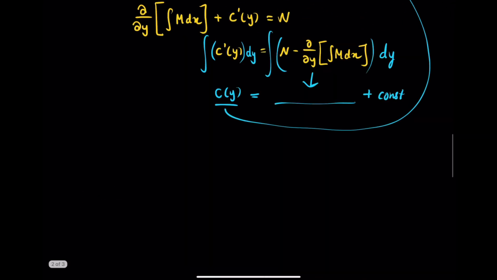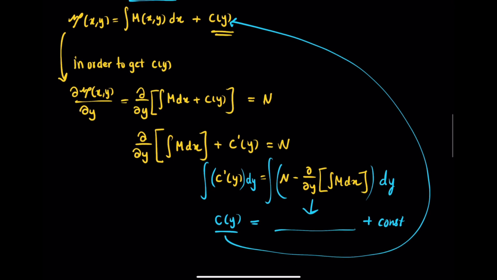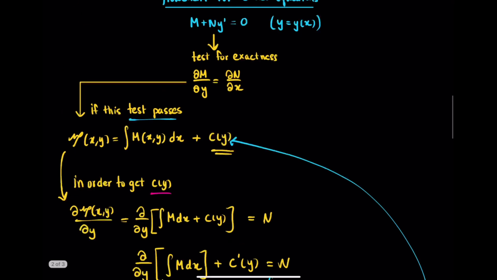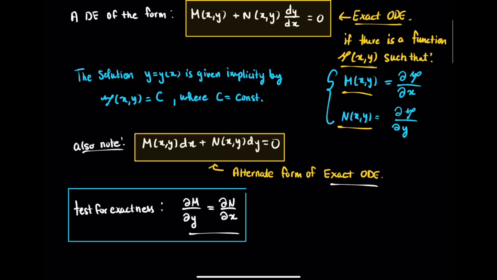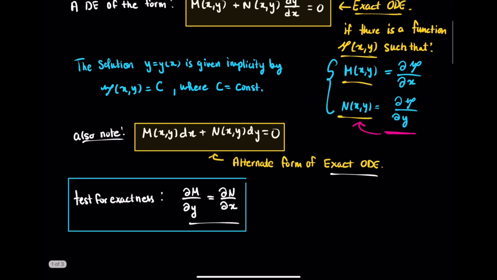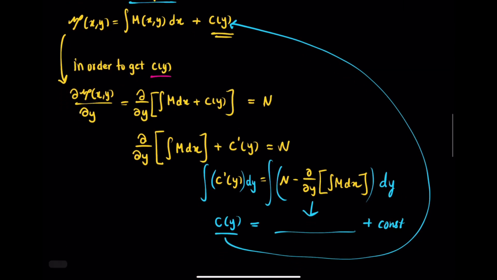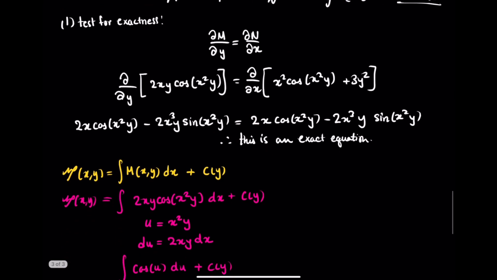What we did in the procedure is, in order to get c of y, you take the partial derivative of psi that we just found with respect to y, and that, as we defined up here, is the same thing as N. So we can equate this to N, solve for c prime of y, find c of y, and plug it back in. Okay, so let's do that.